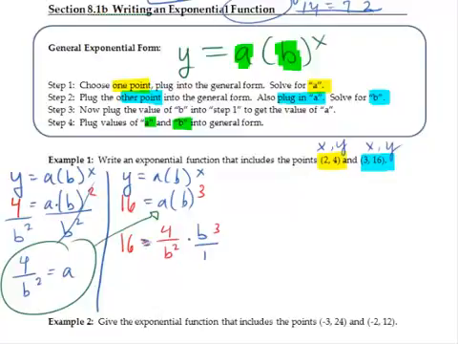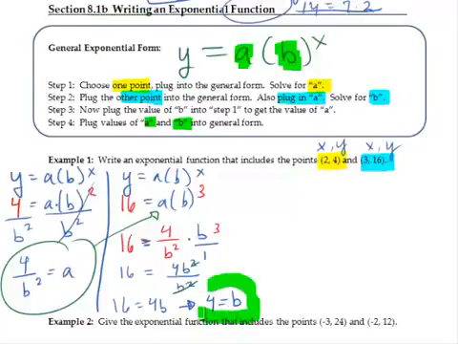So we're going to treat it like a fraction. And now you have a fraction times a fraction, so you have 16 equals 4b cubed over b squared. We can do some canceling. We can cancel b squared with 2 of the b's here. So we get 16 equals 4b. Divide both sides by 4. We'll get 4 equals b. Now this, yay, this is one of our values. That's the end of step 2.